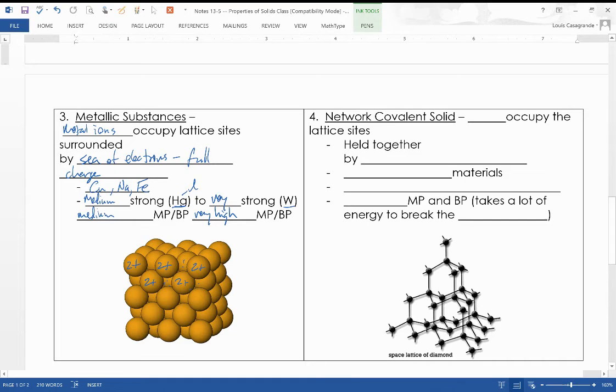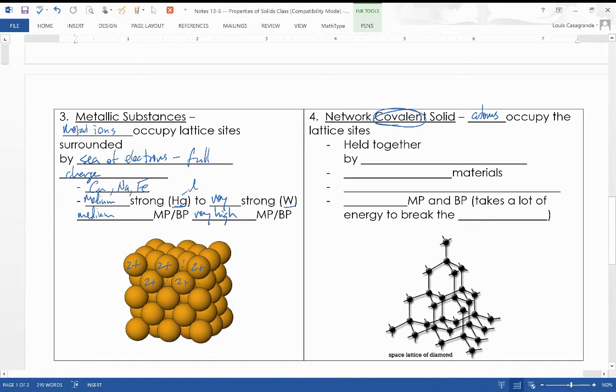Now, the last kind of crystal, we've seen these crystals before. I may have alluded to their properties, but I may not have said anything specific about them. These are network covalent solids. And here we have that word covalent. In these structures, atoms have to occupy the lattice sites.